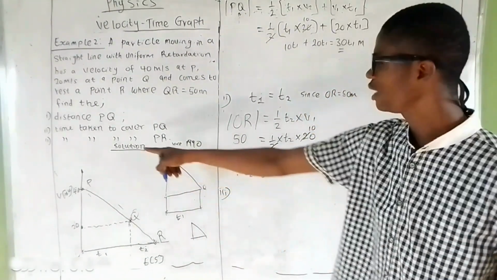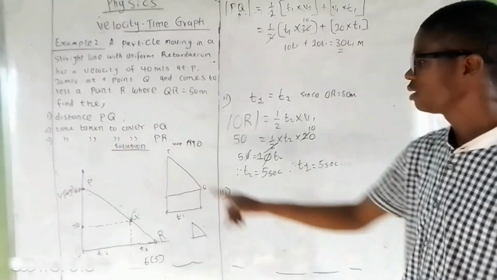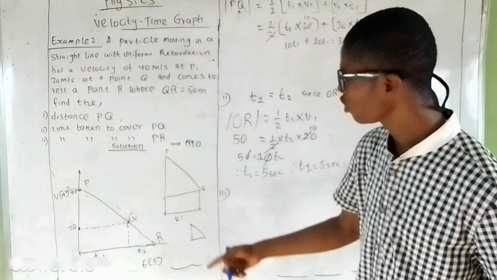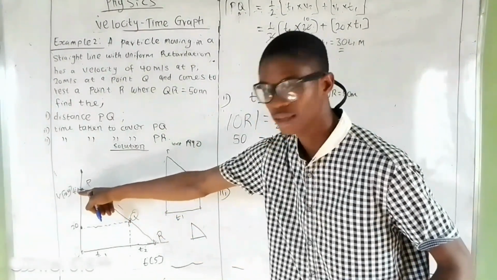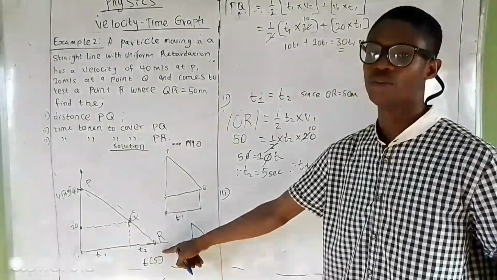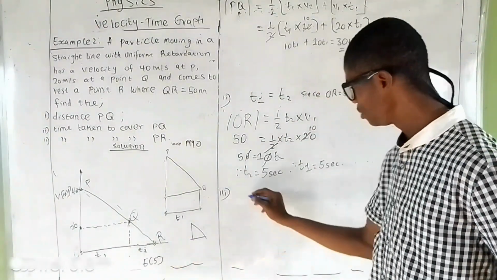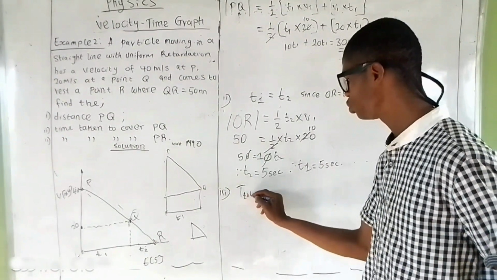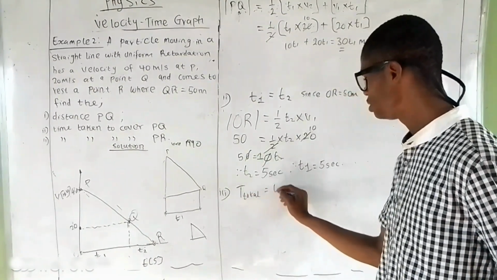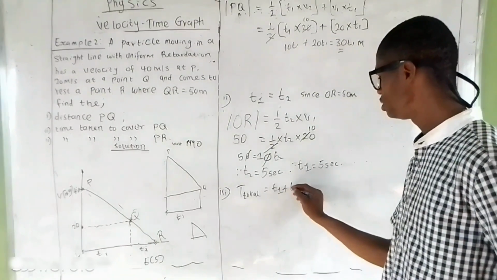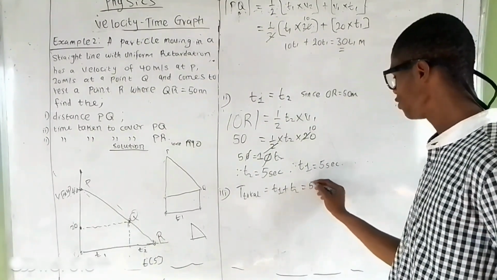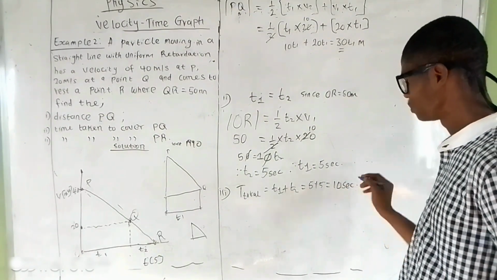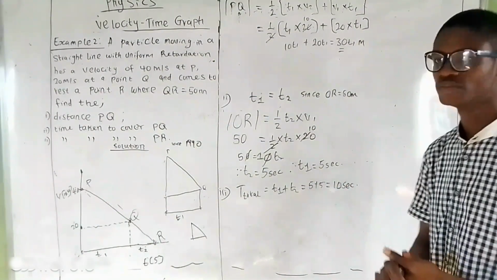So we now want to find the time taken to cover PR. The time taken to cover PR is from here all the way to 0. So what does it mean? It is simply T total. You can write it T total. That is the total time taken, which will be T1 plus T2, which will give you 5 plus 5, and finally it will be 10 seconds. So that's all, we have gotten that.